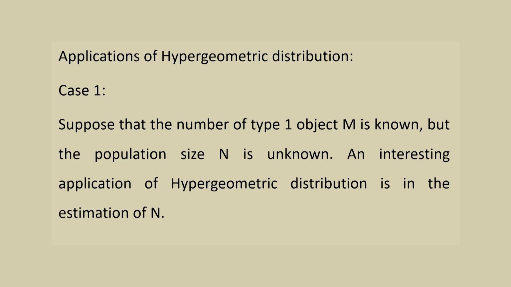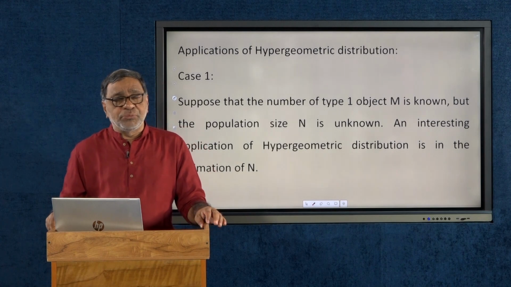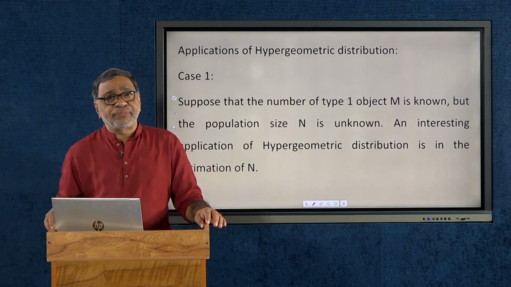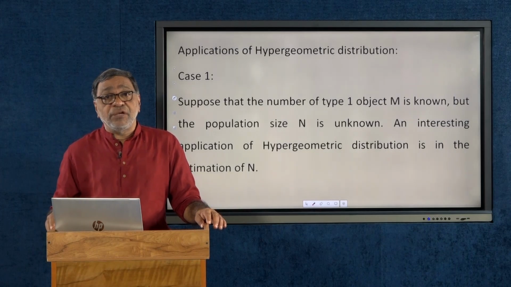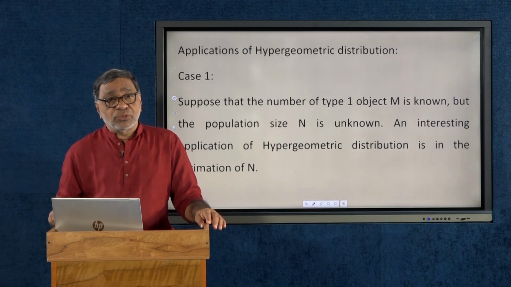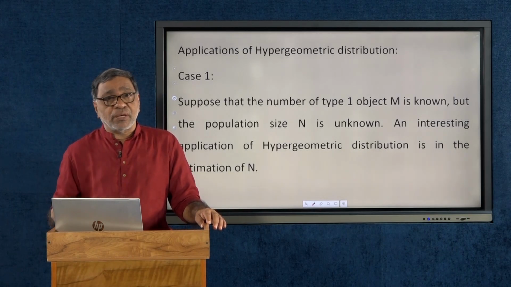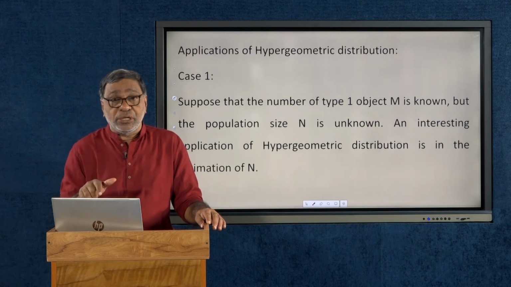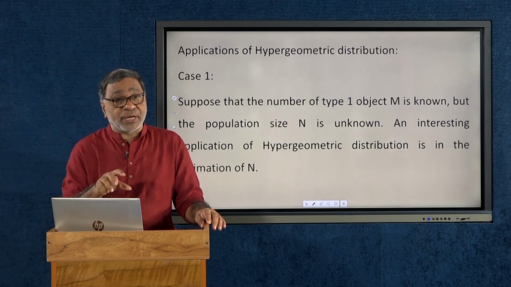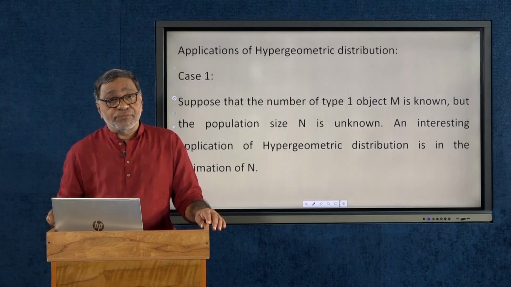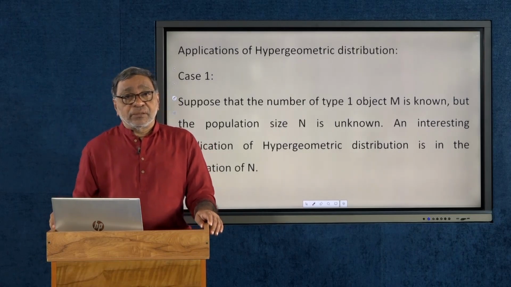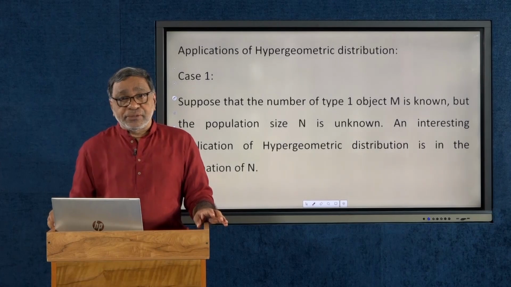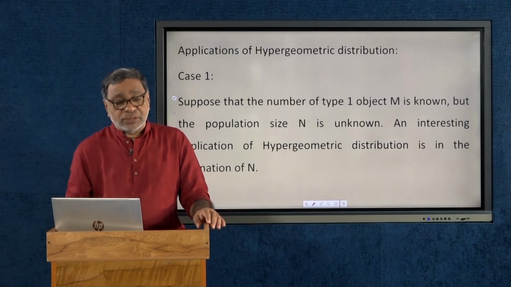How do you use the hypergeometric distribution to estimate the value of N if N is unknown? That is one of the applications, usually used in some practical purposes. And suppose that the number of type 1 objects, M, is known.